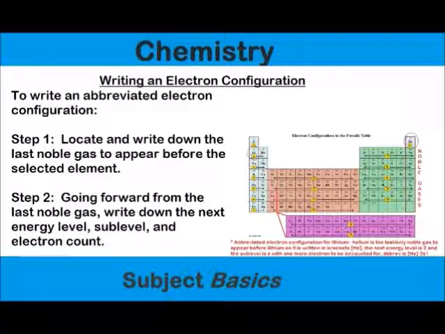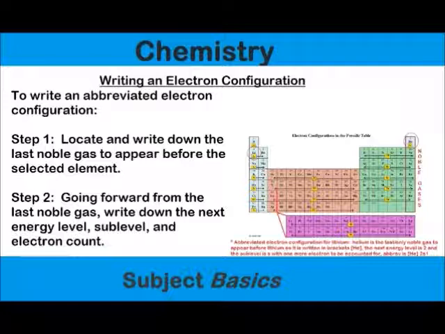And going forward from helium, we look at the energy level or row that comes next. We see that it's row 2. And we know that the first sublevel in row 2 is s. We also know that lithium has 3 electrons.